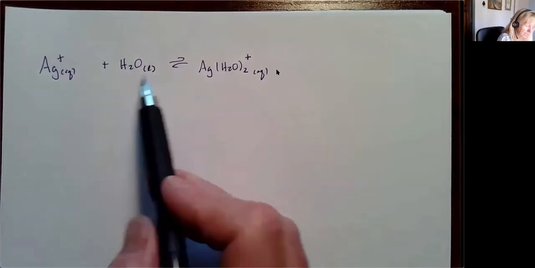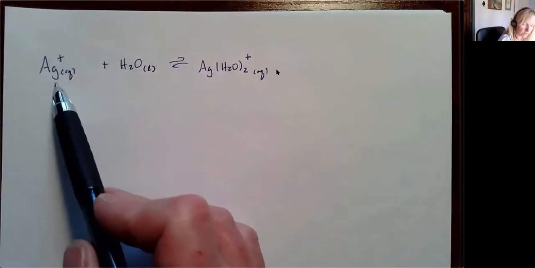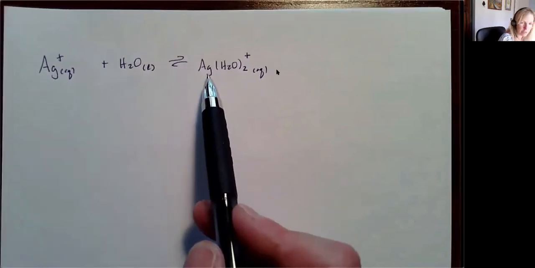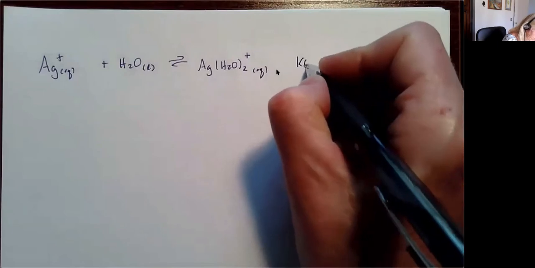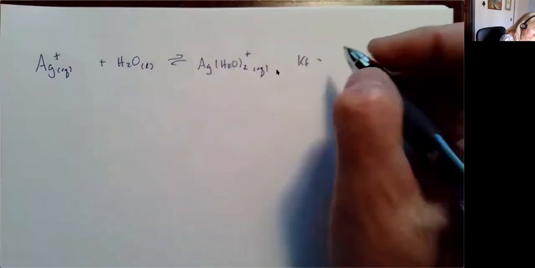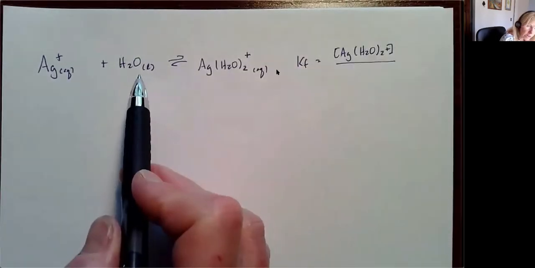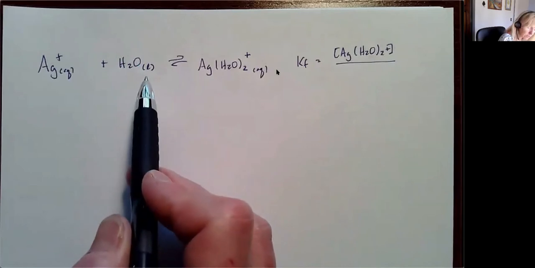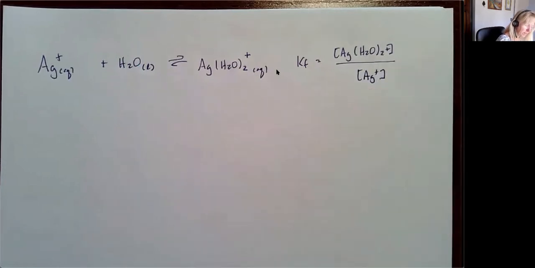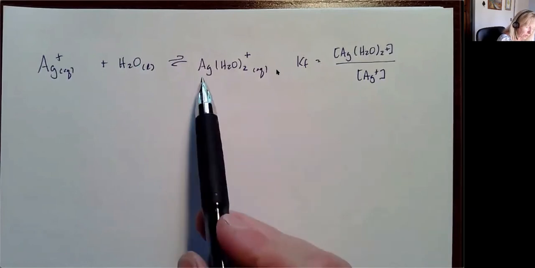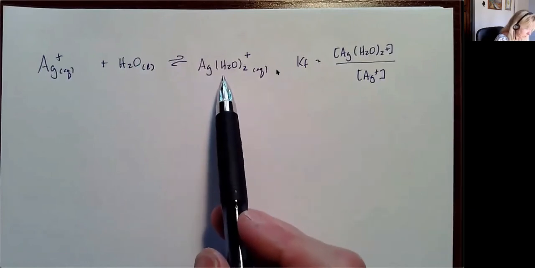So in solution, I think I have free silver ion, but I really don't. I have silver complexed with water. If I were going to write my law of mass action for the Kf, it would look like this. Water is a pure liquid, so it falls out. That would be my Kf for silver complexed with two waters.